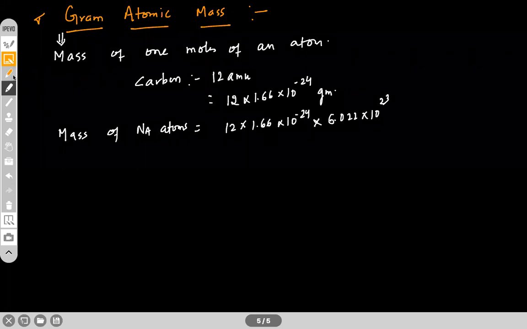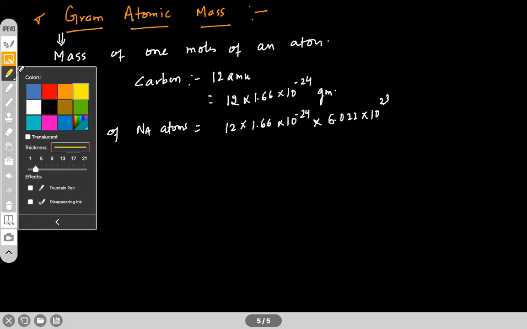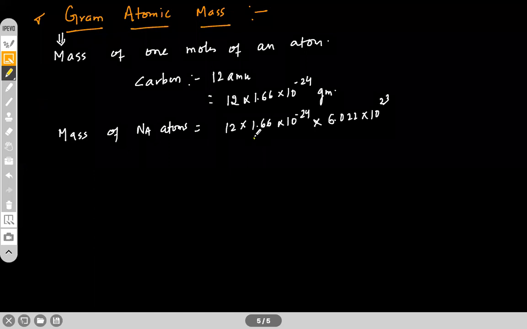When you do this, the product comes out to be 1. And hence, this 12 AMU becomes 12 gram.